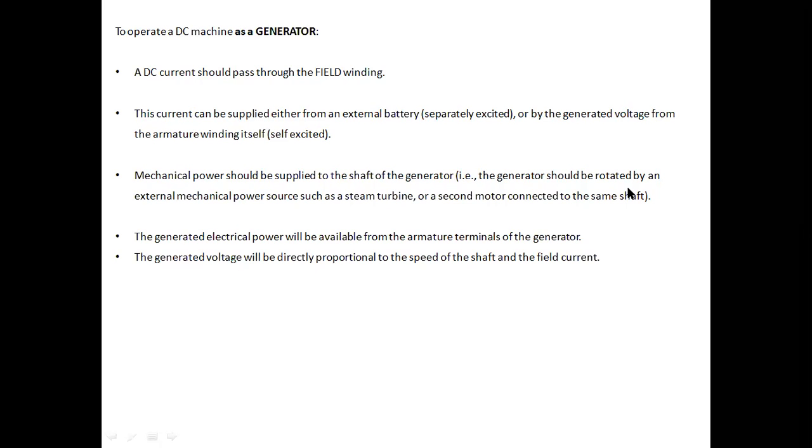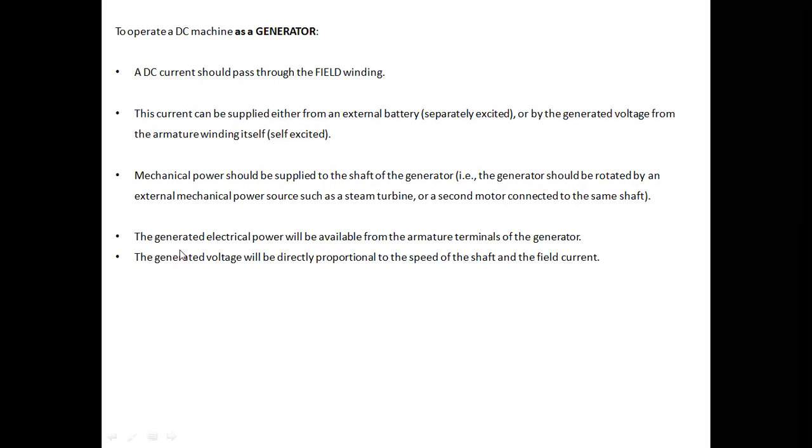So this will also rotate, and the generated electrical power will be available from the armature terminal of the generator. So when we give the mechanical power, the shaft will start to rotate.